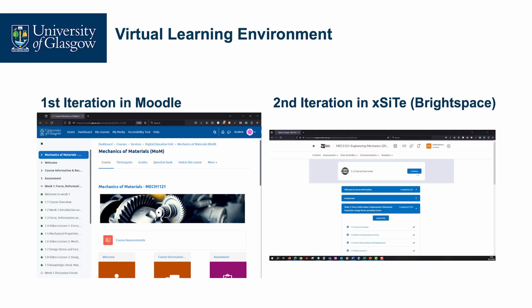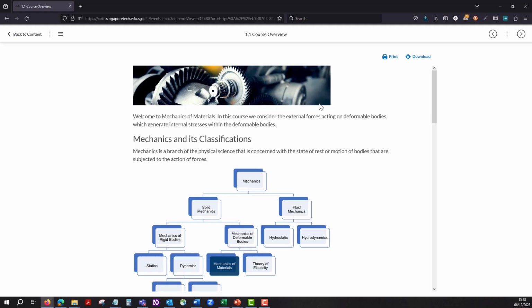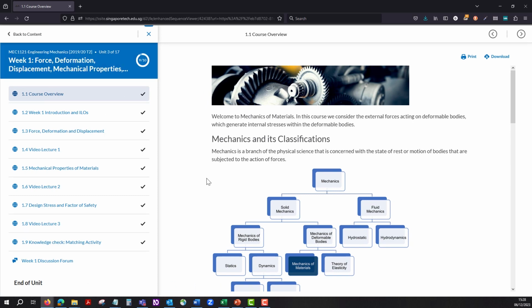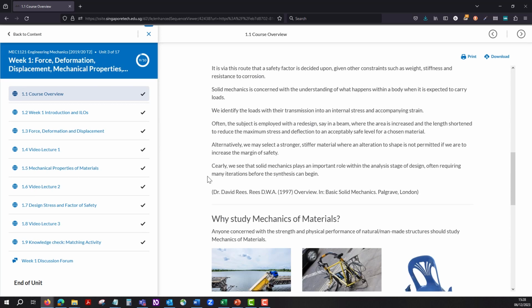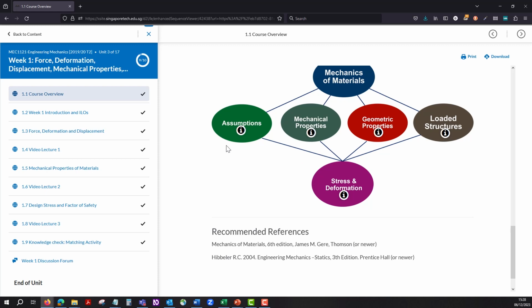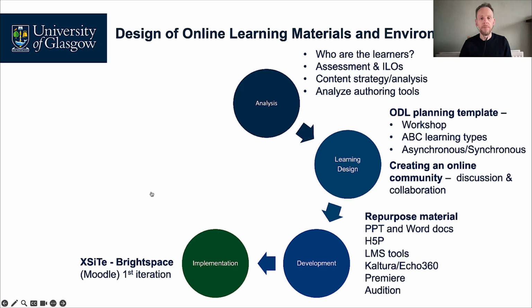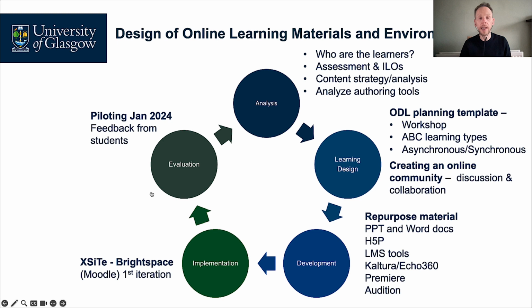We originally started developing the content in Moodle, but we had to move to the VLE which is used in Singapore based on Brightspace. One thing we learned from this is it doesn't really matter which tools you use because it's all about the design of the learning activities. The final stage was evaluation, and that's what my colleagues will be talking about in the rest of the presentation.